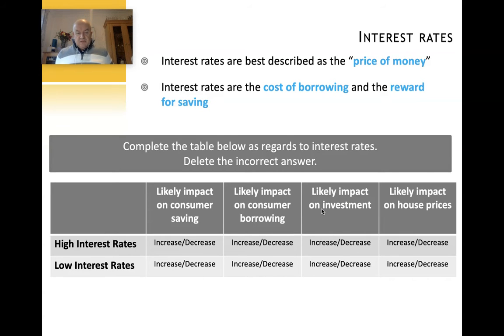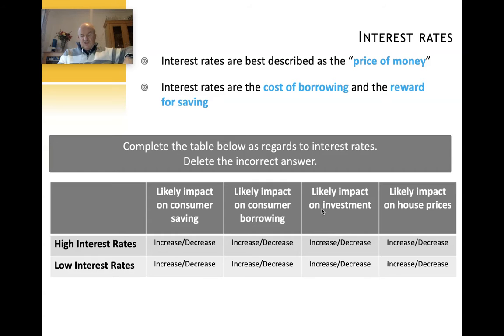In terms of interest rates then, this is something I'd like you to have a go at, completing the table. If you think about it, interest rates are essentially the price of money, so there are some winners and some losers when interest rates change. Interest rates are the rate that you get charged if you're borrowing, but they are the reward if you are saving money. In the table here, we've got a number of different options in terms of high or low interest rates, and whether that would have an impact on consumer saving, consumer borrowing, investment, and house prices.